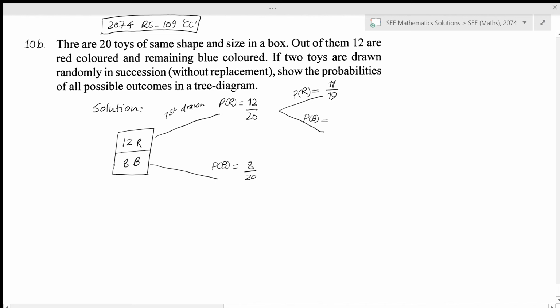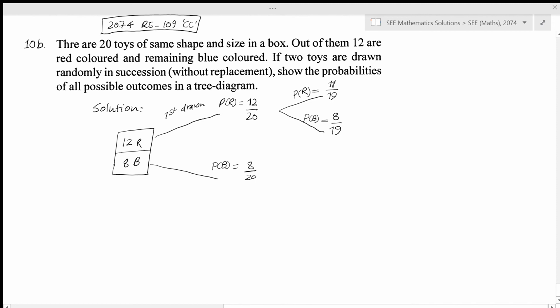Because we did not draw a blue toy at first. So we still have 8 options left for blue, but the total number of toys inside the box has decreased to 19. So it will be 8 upon 19. Similar case in this one.